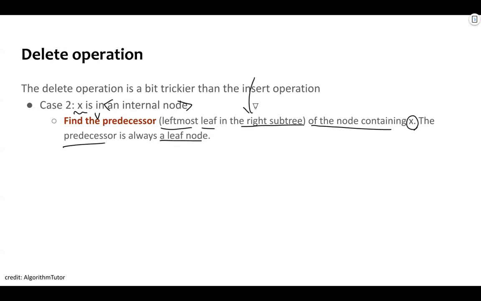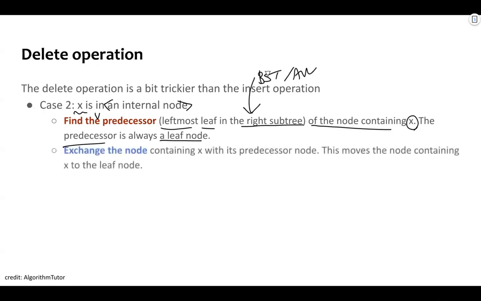And this is what we did for binary search tree and AVL trees. And as you can imagine, we're going to exchange the node containing X with its predecessor, which is the leftmost leaf in the right subtree. So this is equivalent to moving the node containing X to the leaf node and then delete that node.